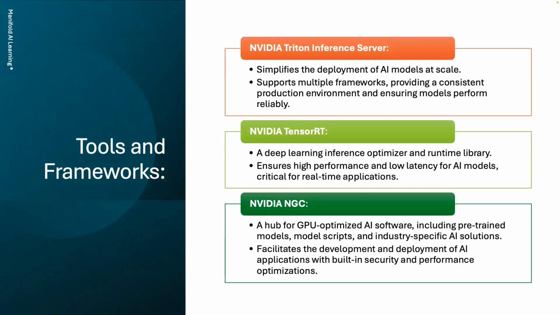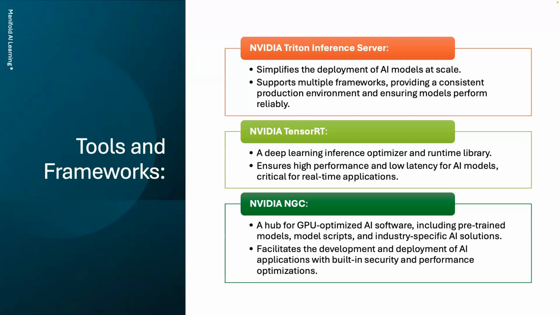Triton server simplifies the deployment of AI models at scale. The best part is it supports various frameworks. It provides a consistent production environment that ensures the model performs in a reliable manner. Remember, reliability is one of the key aspects of trustworthy AI.